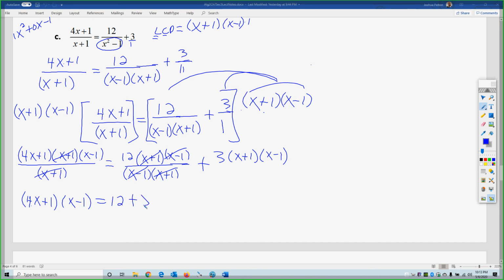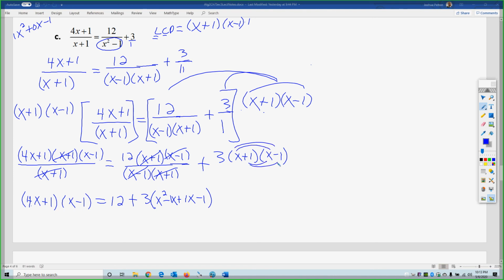Plus 3 times, well, x plus 1 times x minus 1 is x squared minus 1 if you want to multiply it out. Back to the original. Or you can spend the time to do it manually if you really are not paying attention, right? So that'd be 3 times x squared minus 1x plus 1x minus 1, right?